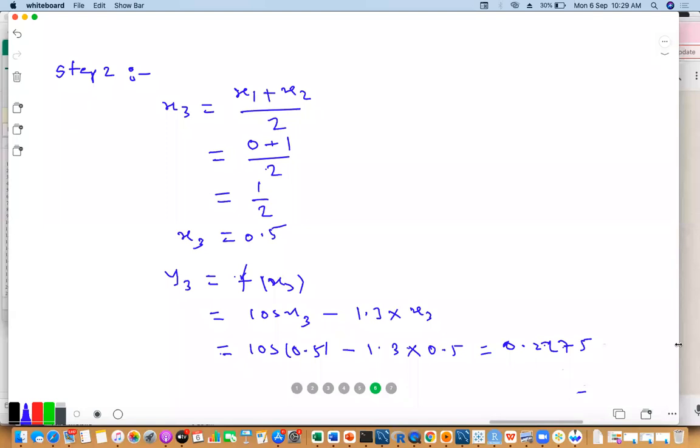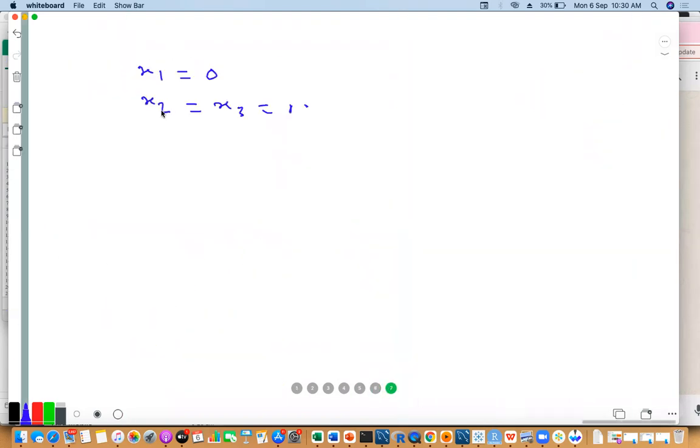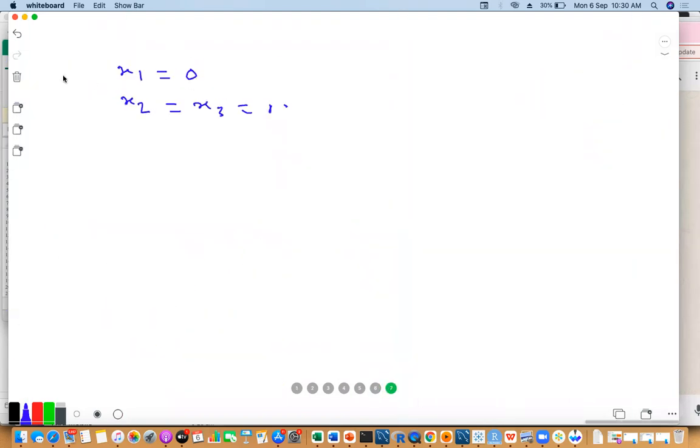Now this is positive, right? So we have to replace earlier positive. What is earlier positive? That is y1. Y1 was positive. So we want to replace y1 with new y3. So x1 will be new x3.